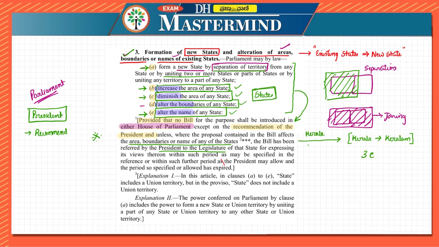Or let's say XYZ is the state whose name has to be changed. So they'll send it to XYZ, and to this particular state's legislature, the president specifies some time period. Within this you provide your opinion.